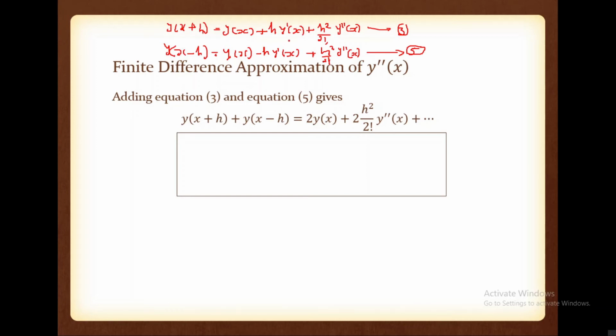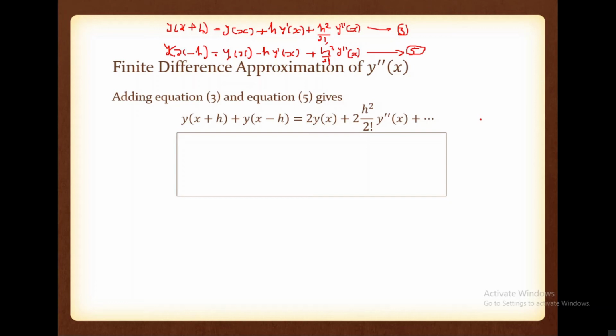These two terms, y dash of x, are cancelled. Then we have 2 into h square by 2 factorial into y double dash of x. Remaining terms we are not considering. So adding equation number 3 and equation number 5 up to the second differential term, we have y of x plus h plus y of x minus h equal to 2y of x plus 2 into h square by 2 factorial into y double dash of x.